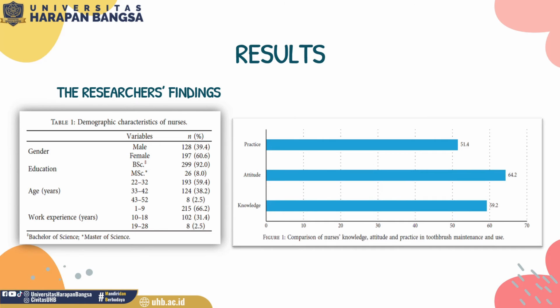And based on figure 1, the mean score of nurses' knowledge about toothbrush maintenance and use was 59.2 out of 100. And the mean scores of nurses' attitude and practice were 64.2 and 51.4 out of 100.